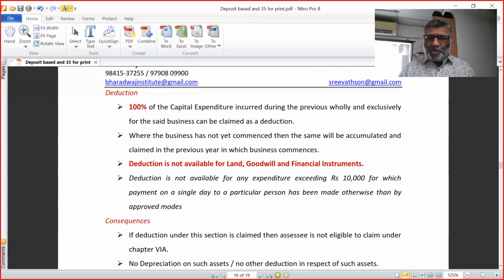Where the business has not yet commenced, the same will be accumulated and claimed in the previous year in which business commences. No deduction for land, obviously, and from this year goodwill also, and financial instruments like shares, securities, etc. that you are investing in. And if you are spending more than 10,000 by unapproved modes, that also gets no deduction.